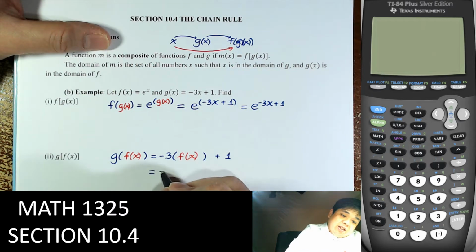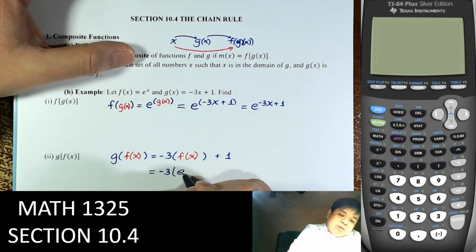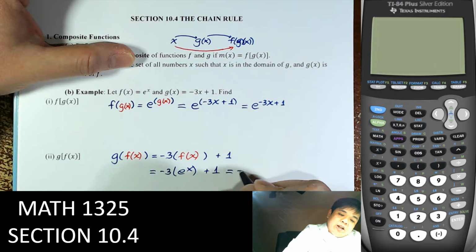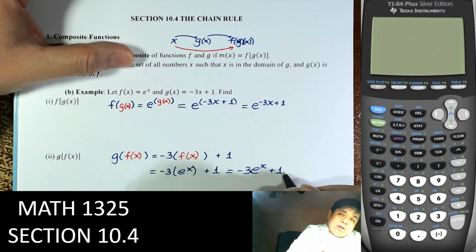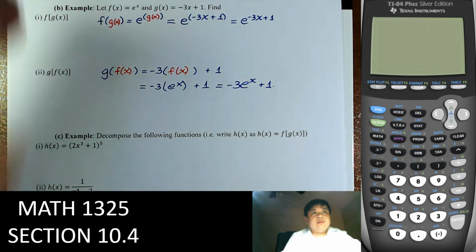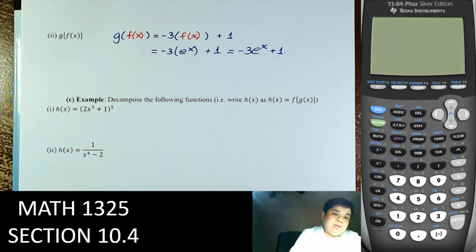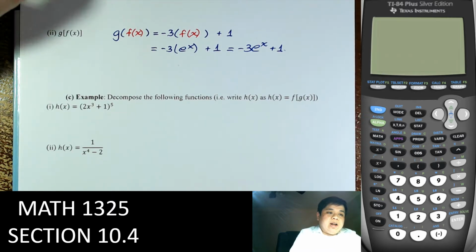F of x is e to the x power, so we will have negative 3 e to the x plus 1. Right, so that is composition.